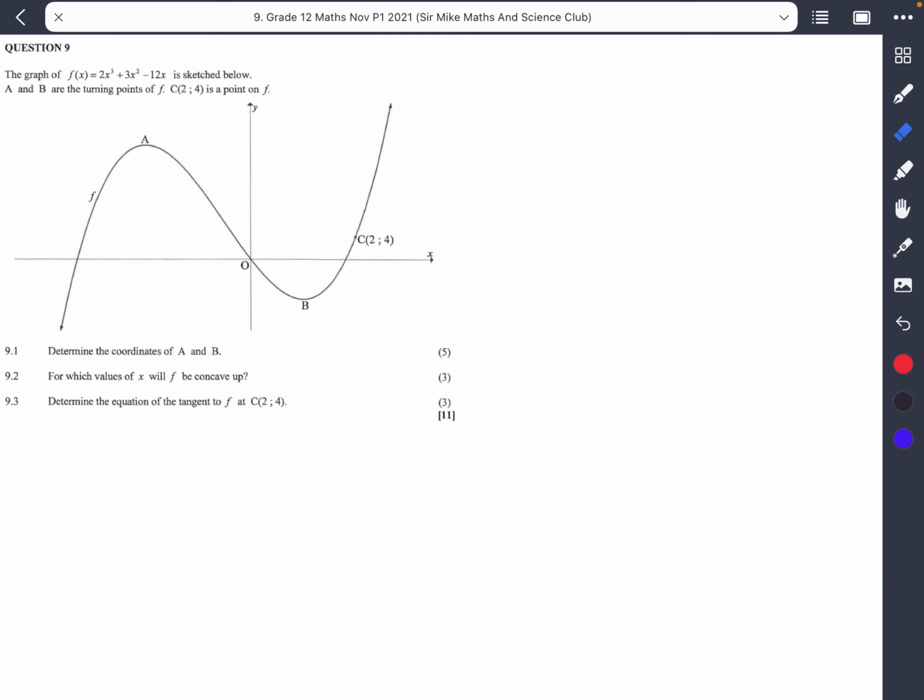That's exactly what I'm going to do. We know that f(x) = 2x³ + 3x² − 12x. That would be the equation which we have there.